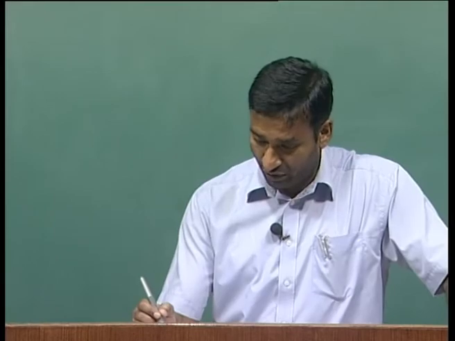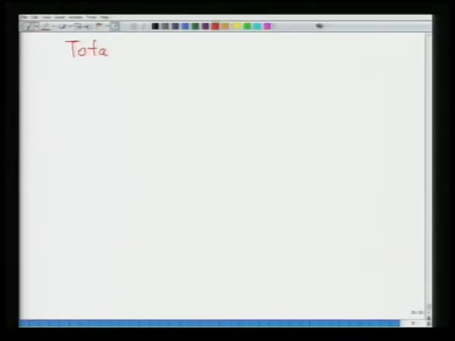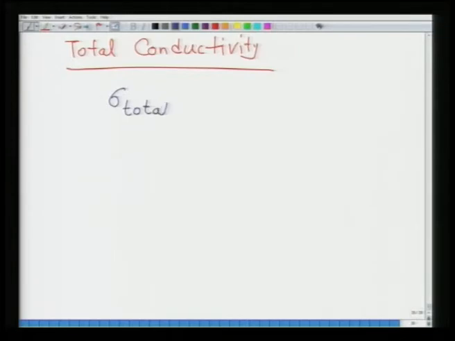So, the total conductivity sigma total will be basically sigma ionic, whatever ionic species are present, and sigma electronic, and this will be nothing but the sum of sigma_i for various species.